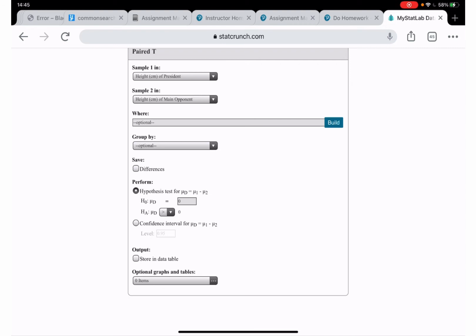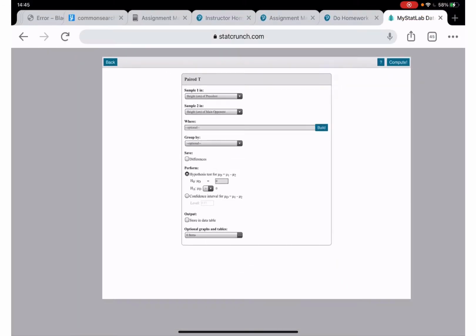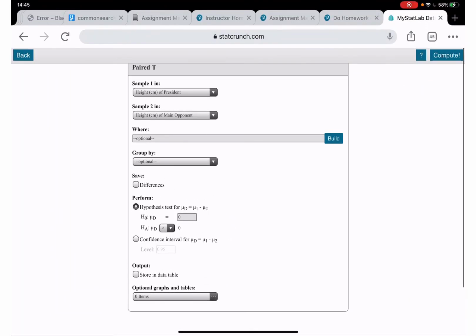And that's it. We don't touch anything else. And we click, let me see, here it is. I have Compute here, but you should have Compute at the bottom.